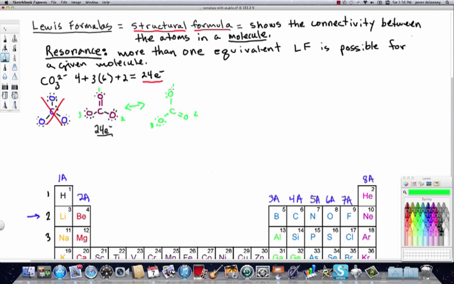We see that we have a new structure, which is essentially identical to the first one. But it's equivalent because you see the double bond is actually going to a chemically different oxygen. All right, and then we're going to have our last structure, and the double bonded oxygen will now go to oxygen number 3.